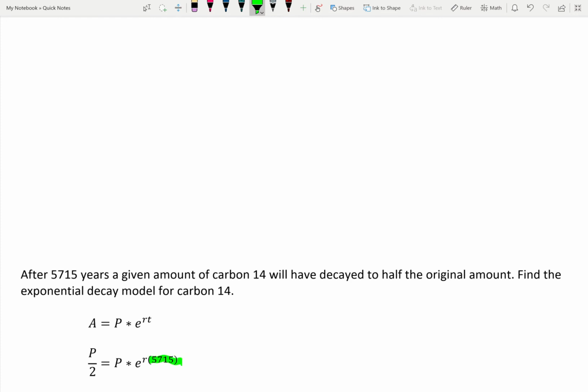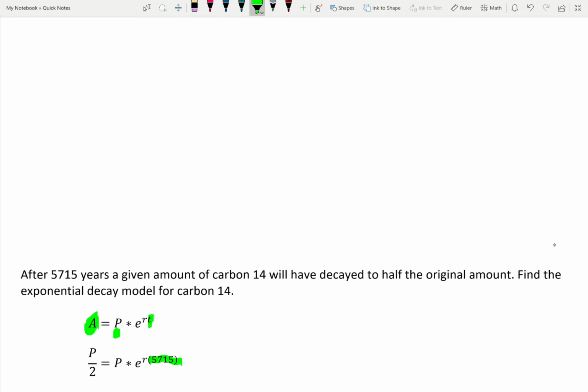And now, why do I have a P over 2 on the left-hand side? Remember what the left-hand side represents. This A, what does the A represent? How much of your original population or substance is left after t years have passed?